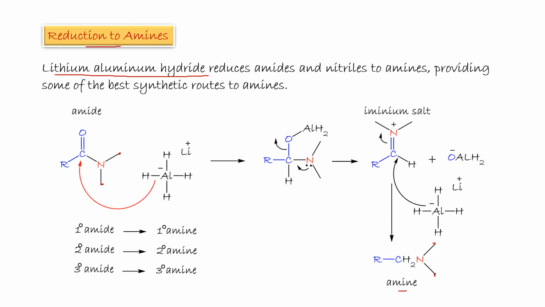If we start with a secondary amide, where one of these will be an R group, it will turn out to be a secondary amine. If we have an R group here and an R group here, we call that a tertiary amide. It will give a tertiary amine. R here, R here and R here, that's a tertiary amine.